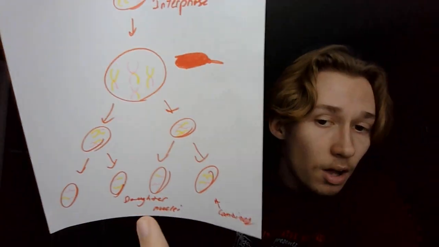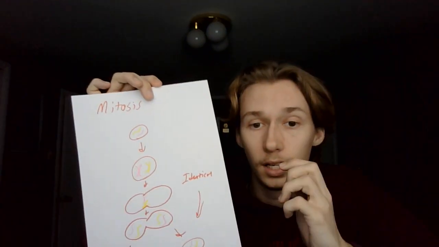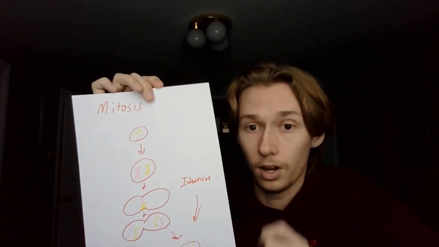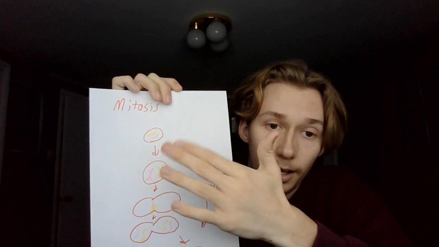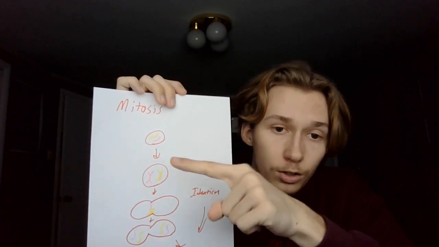And now all of these are different in some way. And that kind of makes up us and how we are also different from our parents. We are just a combination of them, and so we're not going to look exactly like one or the other. And now, the other form of cell division is mitosis. Mitosis is identical copies of the original nuclei.